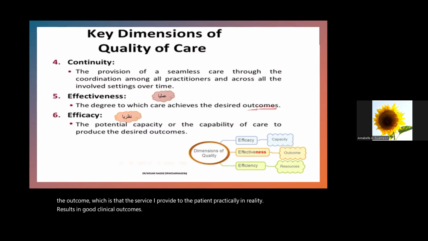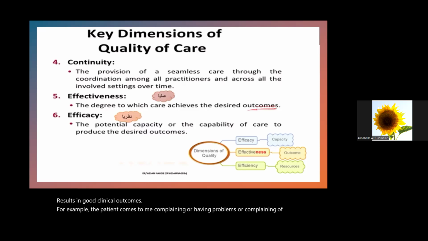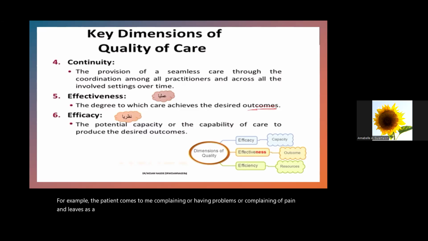For example, the patient comes to me complaining of pain and leaves as a patient with pain relief. Their pain is gone and the problems they had are resolved. This means I have achieved the desired outcome, which is achieving the effect.